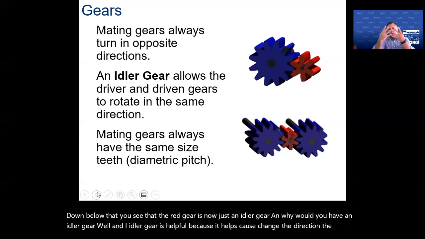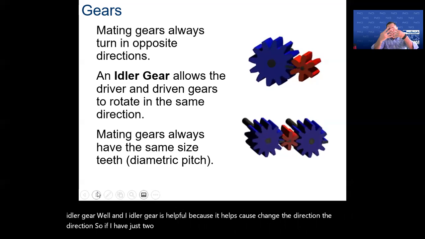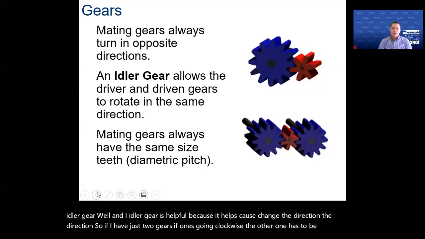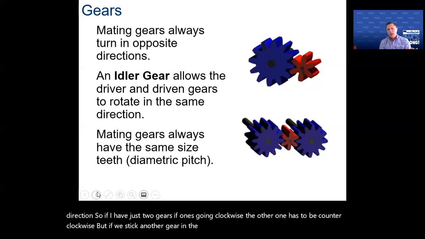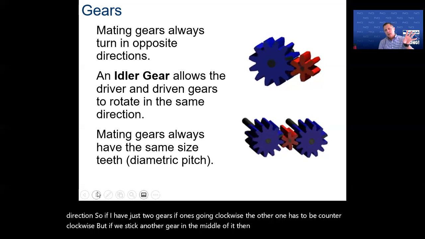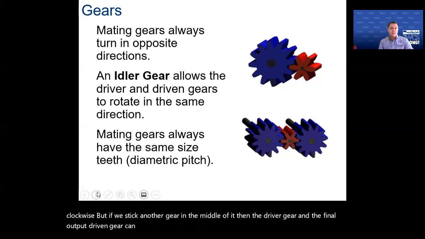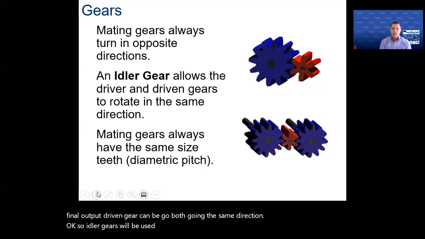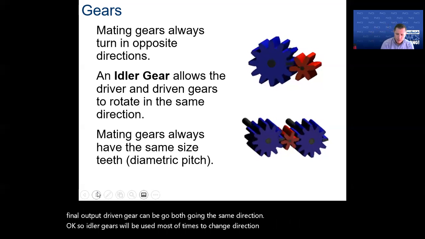If I have just two gears and one's going clockwise, the other one has to be counterclockwise. But if we stick another gear in the middle, then the driver gear and the final driven gear can both be going the same direction. So idler gears will be used most of the time to change the direction of something.